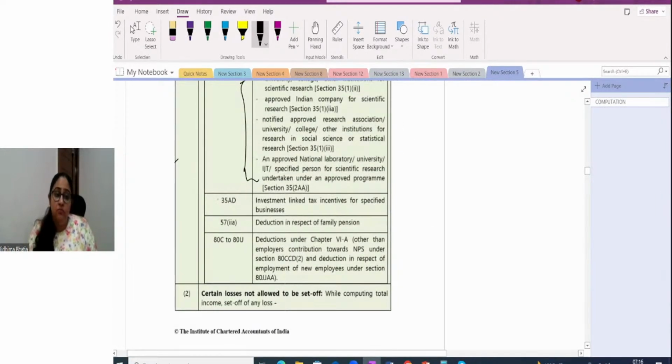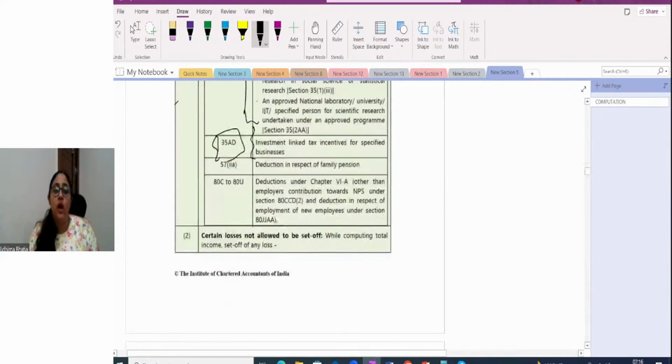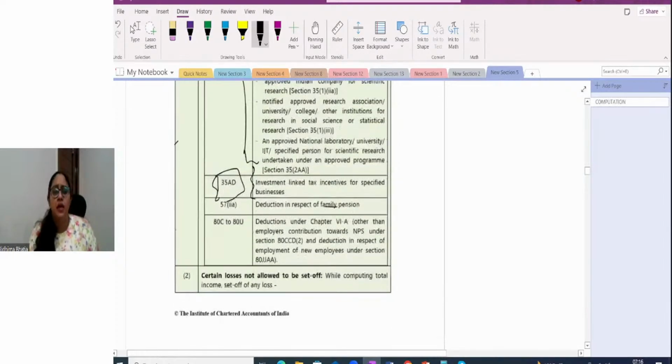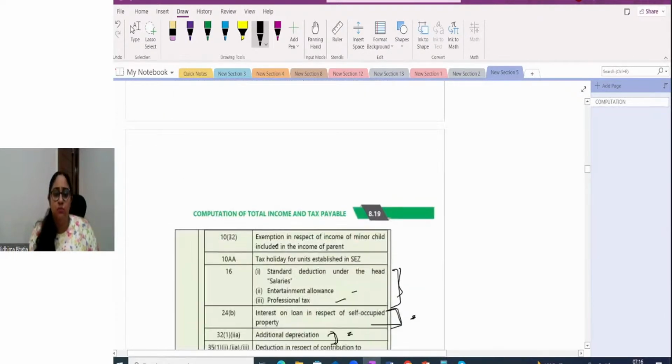35AD, I mean, if I am running a business, investment linked schemes, if that business is there, and if I want to choose this scheme, I cannot claim capital expenditure. 35AD is a big loss. Then for other sources, deduction of family pension, and few things more.